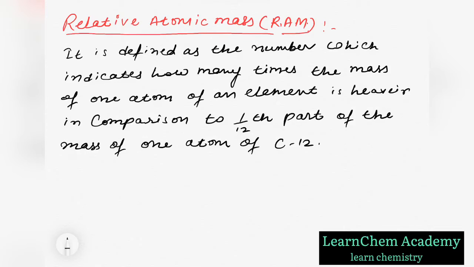Okay, means an element's mass is heavier than the 1/12th part of C12. That comparison mass is known as relative atomic mass. So here our reference is 1/12th part of the mass of one atom of C12, the carbon 12 atom.